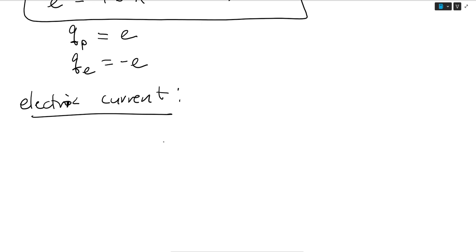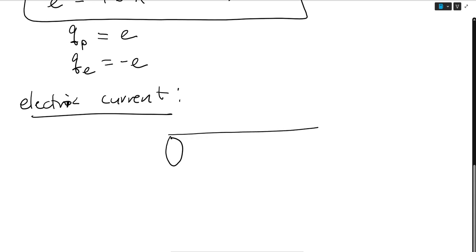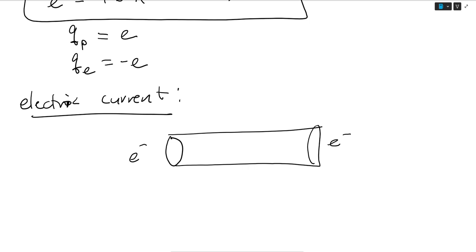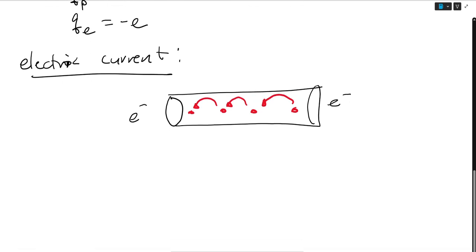So that means that electric current, if I have a wire, and I have an electron here, an electron here, current is electrons moving in that medium or that space, where this is the electron.